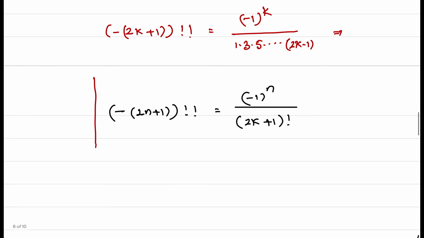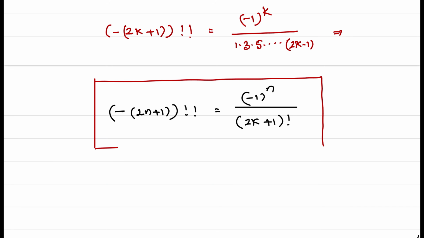This is the formula for finding this. Here we have not used calculus, we have not used the gamma function. We can use calculus and the gamma function also and we can prove this. By induction we have proved, and by calculus and gamma function also we can prove.